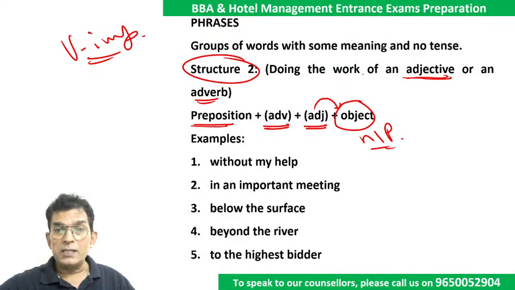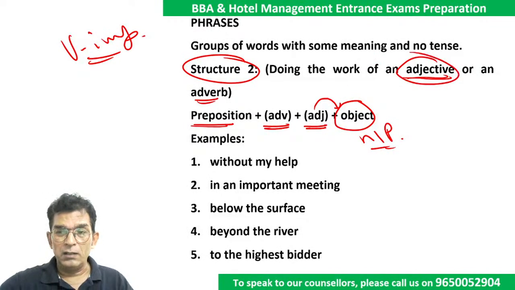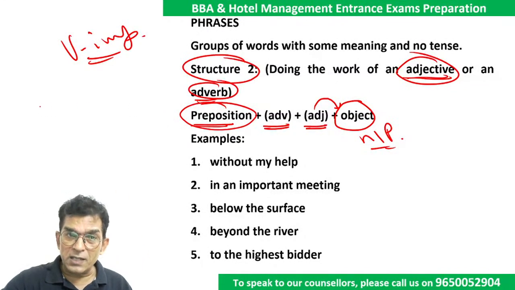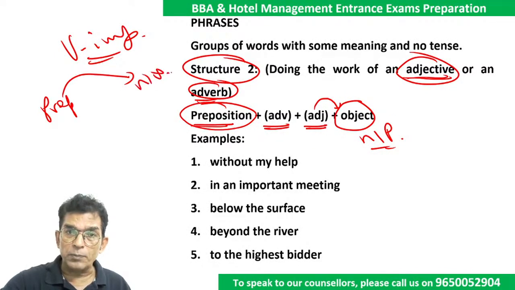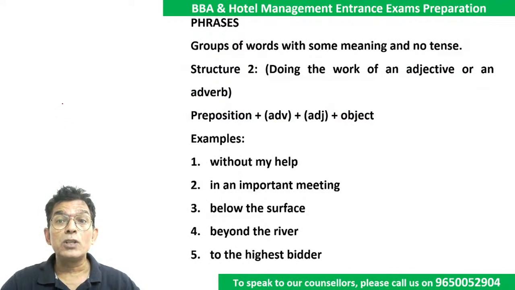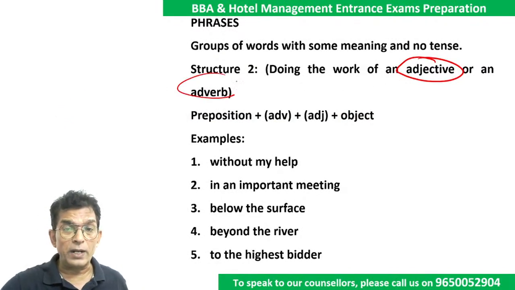Therefore, these phrases which work like adjectives or adverbs must begin with a preposition. They'll not do the work of a subject or an object, mind you. When a phrase starts with a preposition and ends in a noun or a pronoun, the entire thing will be called a prepositional phrase. And a prepositional phrase does the work of an adjective or an adverb. And how do we identify the prepositional phrase?